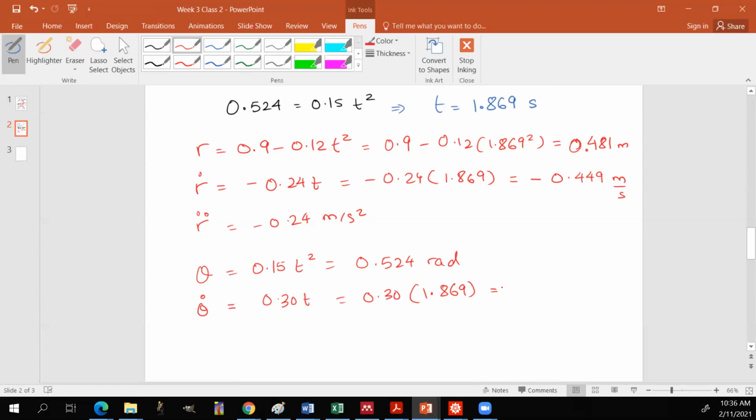How much does that give us? 0.561 radians per second, like that, right? And then theta double dot is just equal to 0.30. The t goes away. You get radians per second squared, like that.